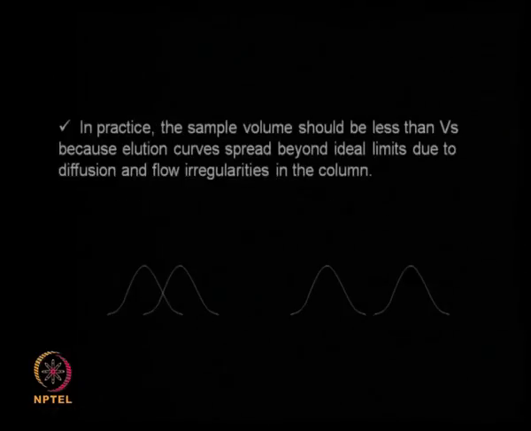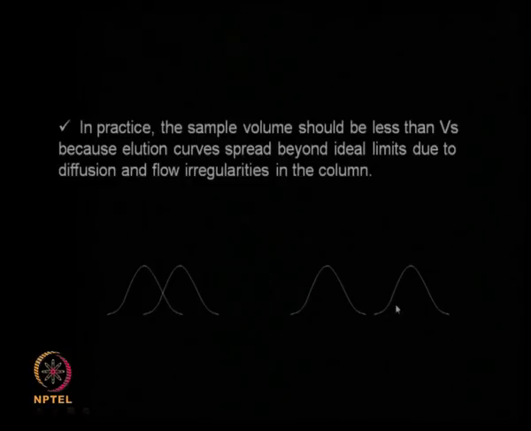But then you need to again consider points like flow irregularities, the packing of the gel not being homogeneous, a lot of heterogeneity, diffusion limitations and so on. So instead of achieving a good separation like this, we may end up with a separation like this. Here you can see there is an overlap in these 2 places, and you are going to have impurities of component 1 and component 2 here, whereas here there is a very good separation.